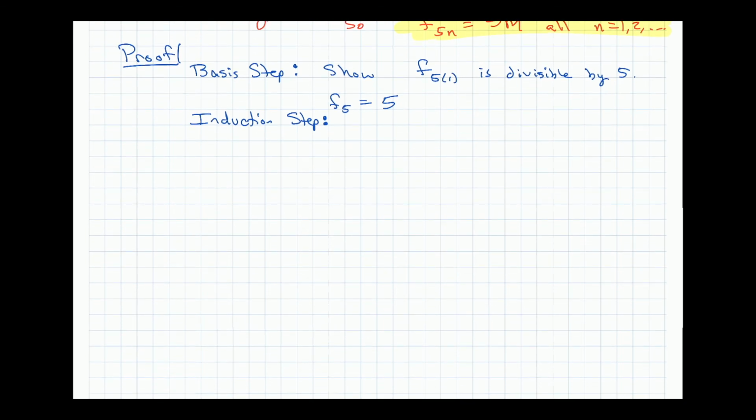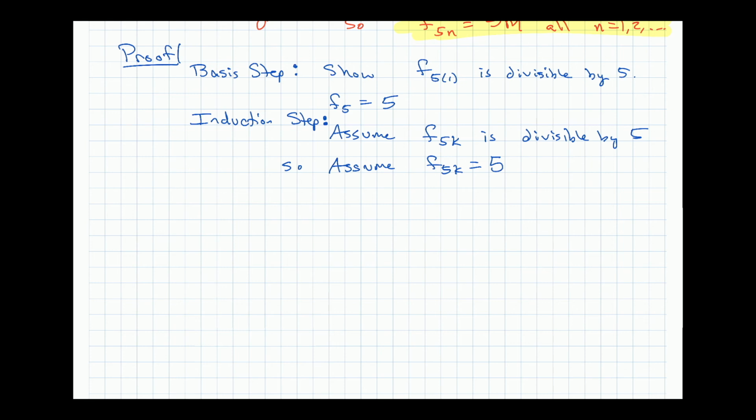Inductive step. So let's just assume that f5k is divisible by 5. Or, right, the other way to write it is like this. Specifically, assume f5k is 5 times a number.